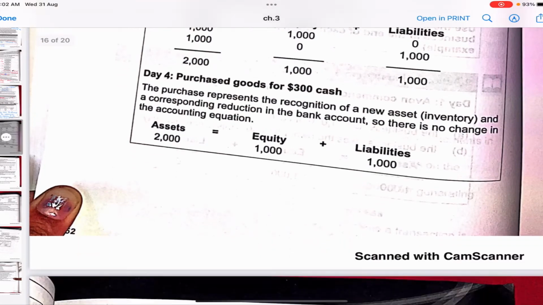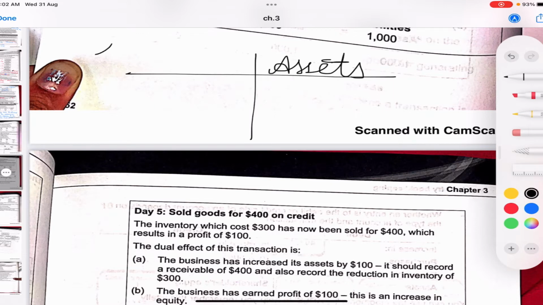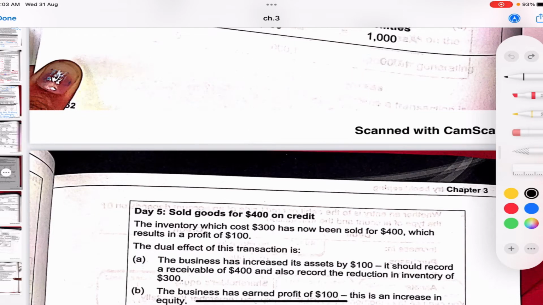If you are familiar with the balance sheet format, this is how it looks. You have assets this side, and liabilities this side. And the capital always comes inside the liabilities, right? I hope you remember this format. Whenever you think about capital, keep this picture in your mind: capital always comes inside the liabilities in the balance sheet, which means the equity or the capital is also a form of liability.